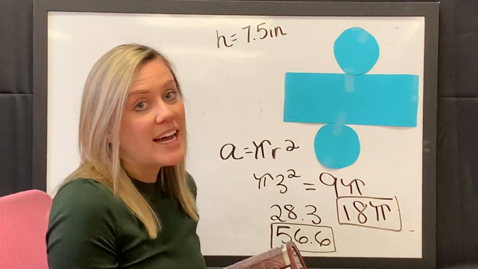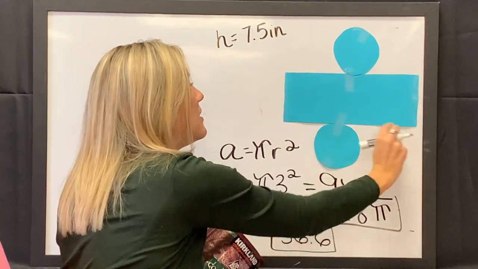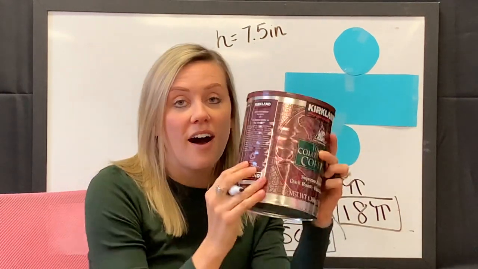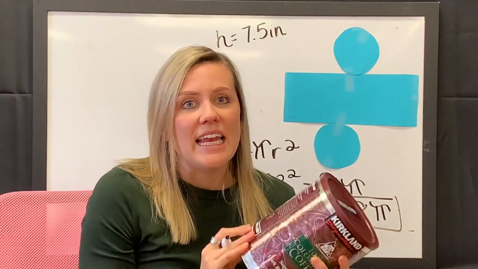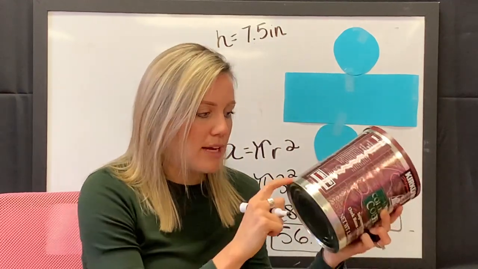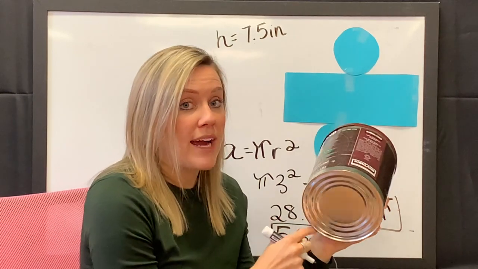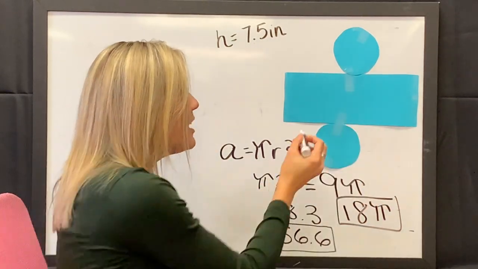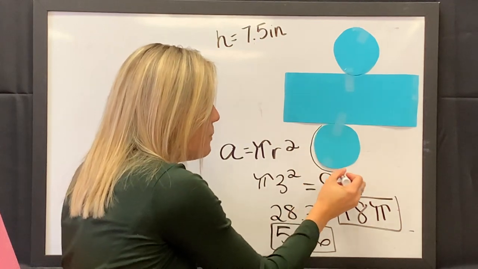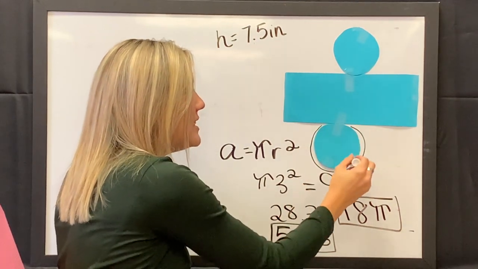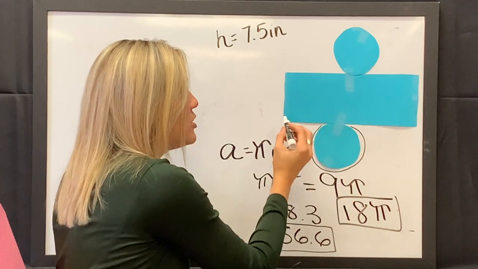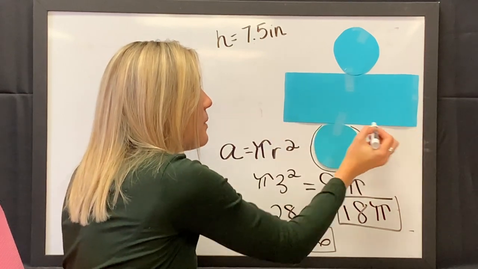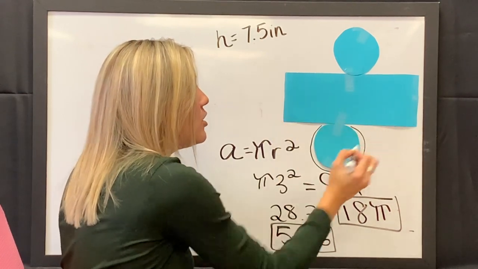The next thing I need to do is figure out the length right here of my cylinder. Now, it's kind of hard to measure this with a ruler because it's rounded. So all the way around here would be equal to finding the circumference of the circle. The distance all the way around the circle is equal to this part of your rectangle.